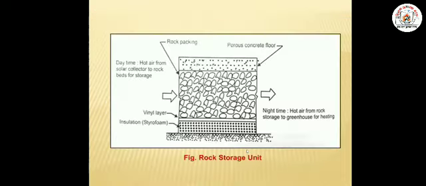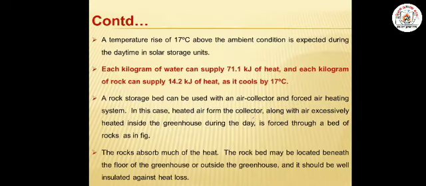Okay, this is the sketch which shows the rock storage unit. Okay, 1 kilogram of water supplies 71.1 kilojoule of heat, whereas each kilogram of rock supplies 14.2 kilojoule of heat when it is cooled by 17 degrees centigrade.